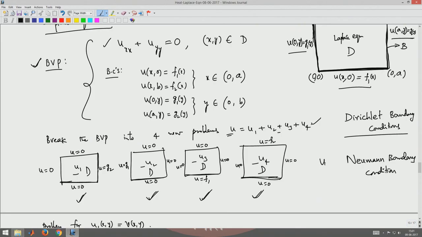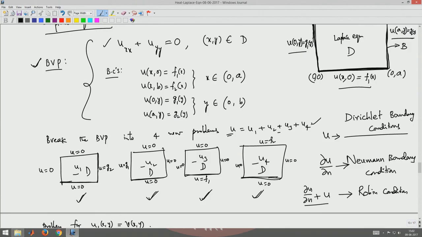For example, the normal derivative at the boundary is Neumann. If you provide simply u at the boundary, this is Dirichlet. If you combine them, that is Robin type. Robin conditions are a combination of them, that is, dou u by dou n plus u.